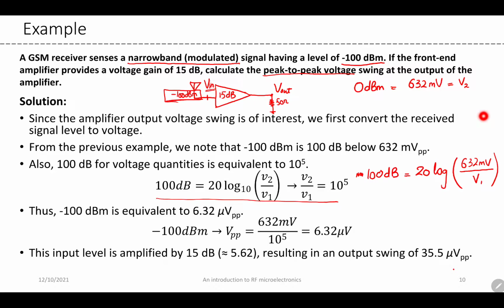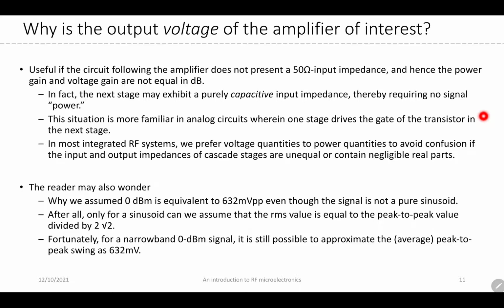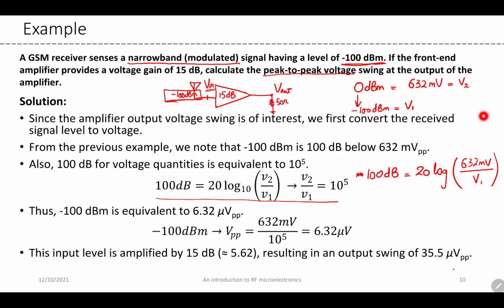Since -100 dBm is 100 dBs less than 0 dBm, let's say -100 dBm represents a voltage quantity V1, and 0 dBm represents a voltage quantity V2. Then the ratio of these two would be 100 dB, right? So V2 would be 100 dB higher than V1.